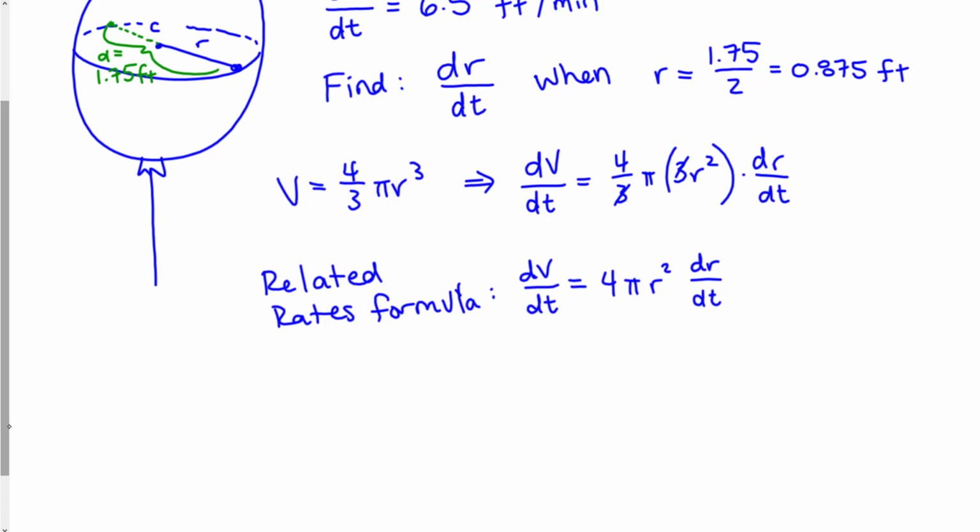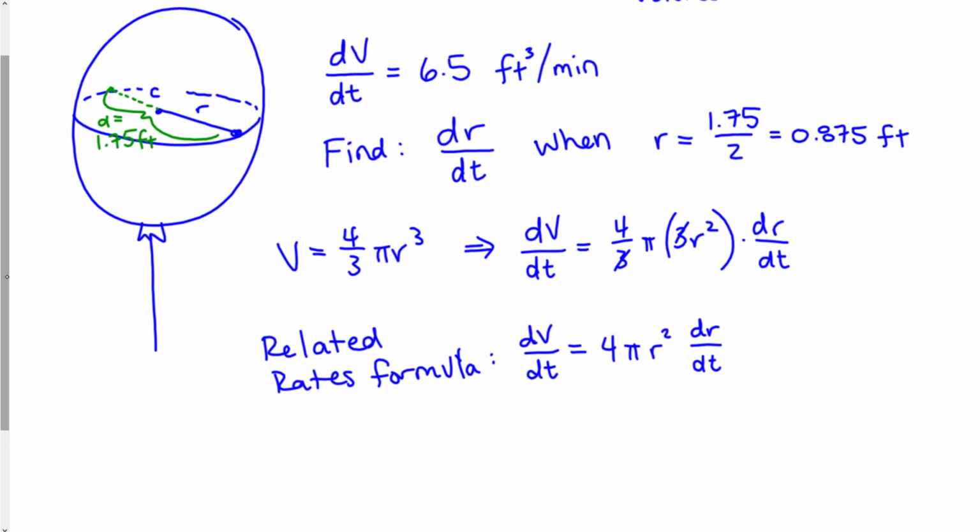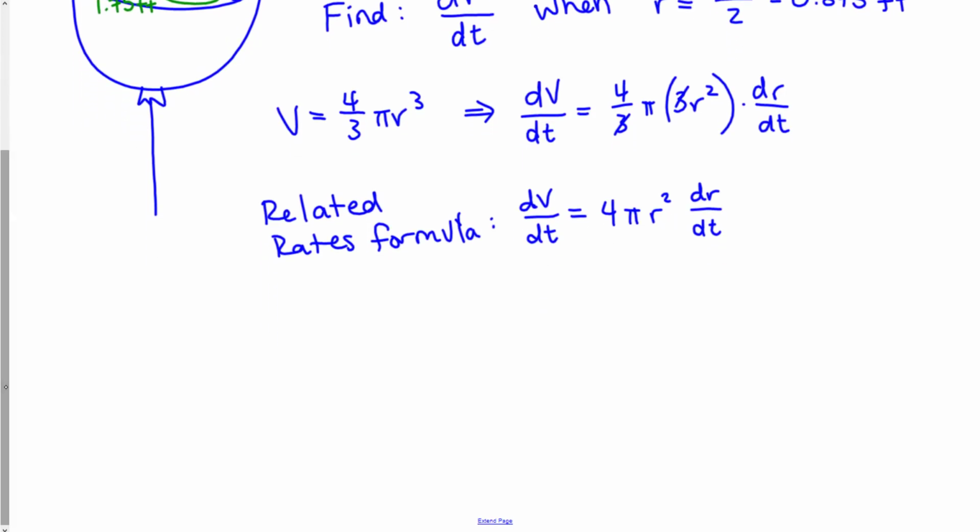Okay, so what we were given in the beginning is that dV dt was a constant 6.5 cubic feet per minute. So I'm going to replace that in, say 6.5 for dV dt. That's supposed to be equal to 4 pi times the square of our radius.